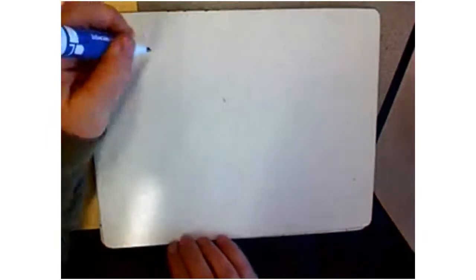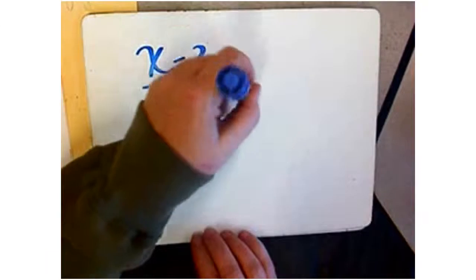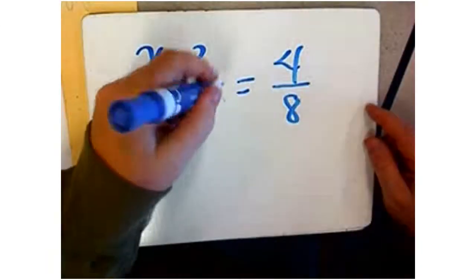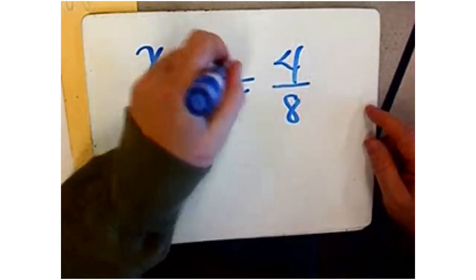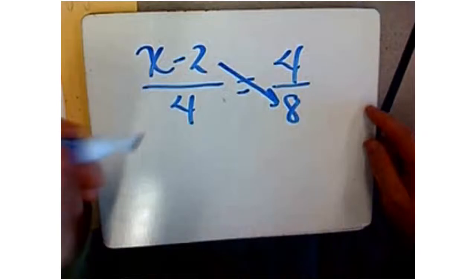The next Your Turn puts an algebraic expression in the mix. Little letter D says solve x minus 2 over 4 equals 4 over 8. So we have x minus 2 times 8. Know that your 8 needs to multiply the x and the minus 2.